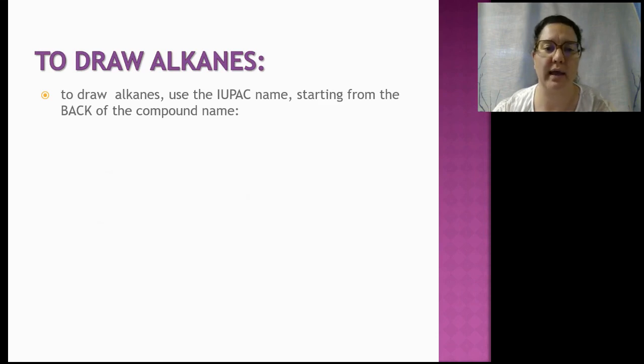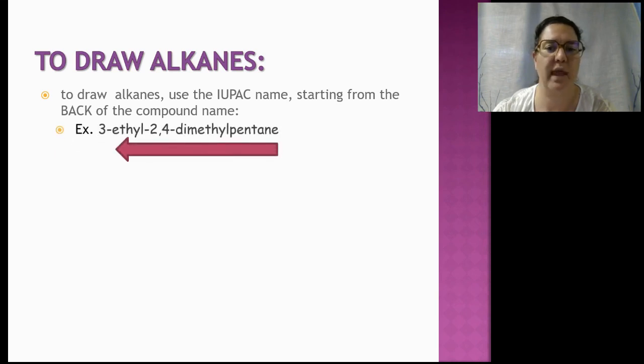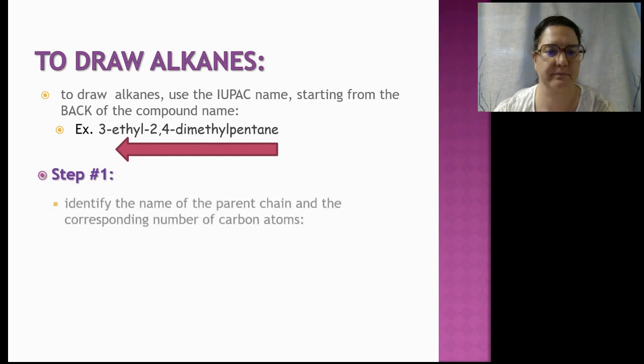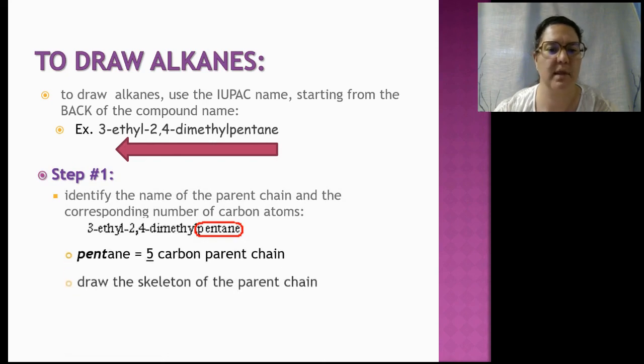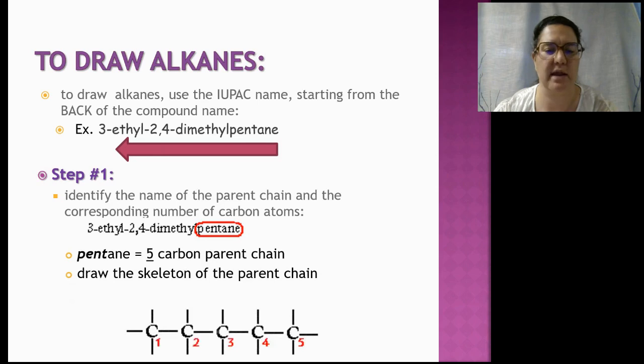To draw alkanes, we start with the IUPAC name from the back of the compound. So we'd end up drawing our parent chain first. So the end of this one is going to be pentane. So this is a 5-carbon parent chain. So we draw the skeleton of the parent chain, and we can number our carbons 1 through 5.